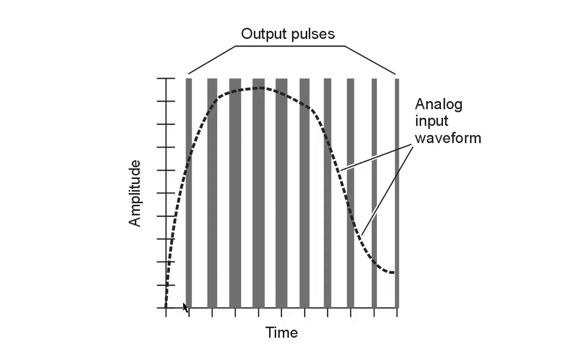So the greater the amplitude of the analog input signal, the wider or longer these pulses are. This can be called two different things. It can be called pulse width modulation, or PWM, or it can also be called pulse duration modulation, PDM.